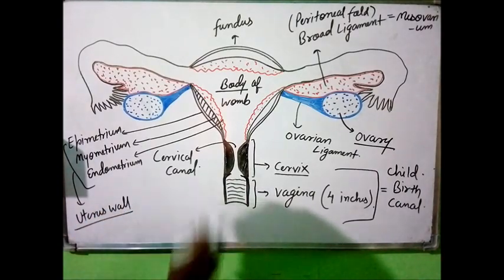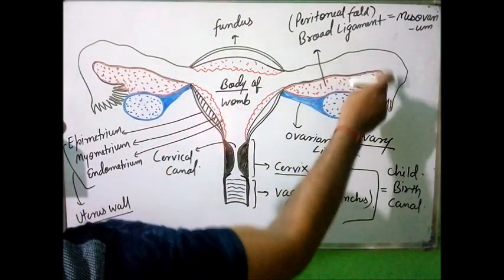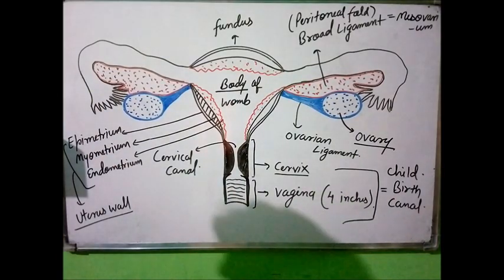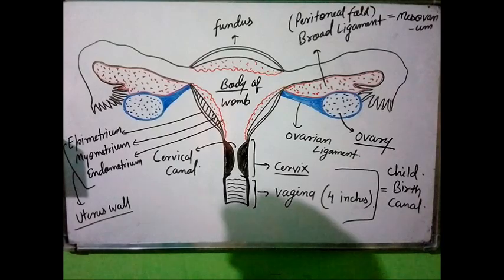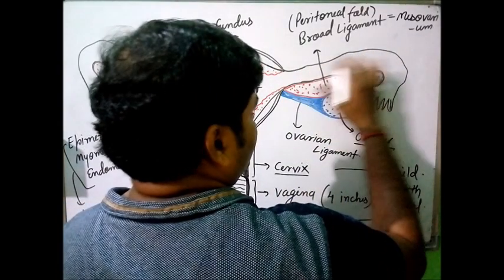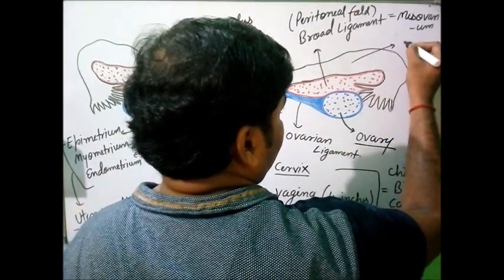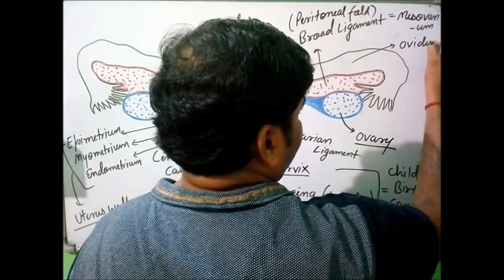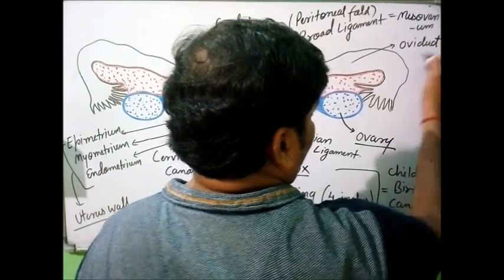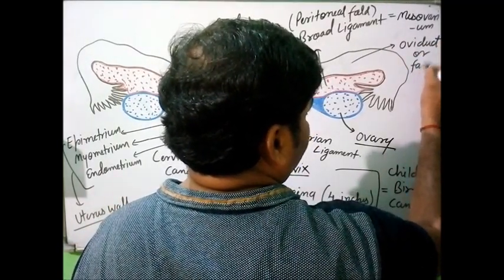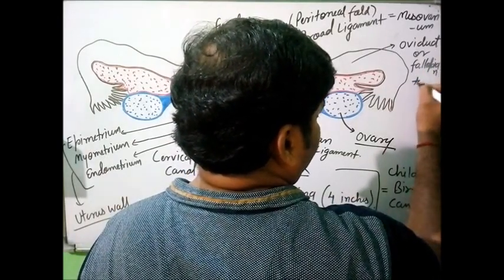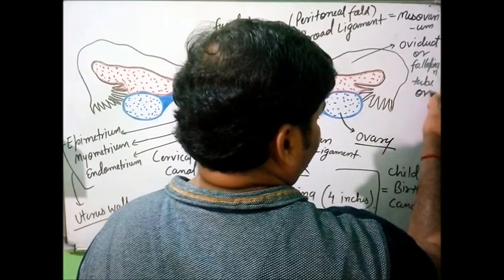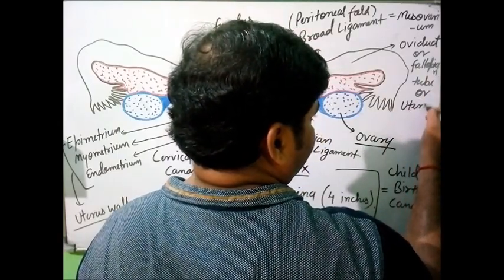Now from the uterus, one pair of oviducts or fallopian ducts is projected from the main uterus body. You can see this tubular part is called the oviduct, or the fallopian tube, or it is also called the uterine duct.